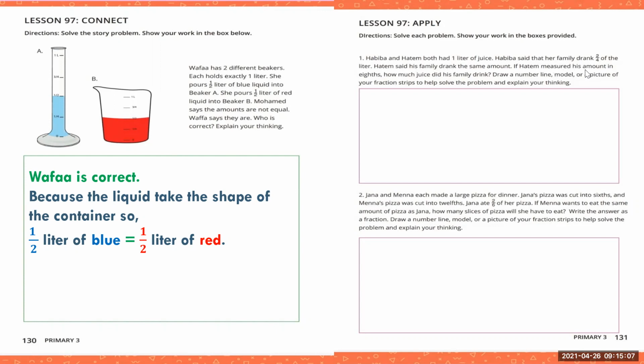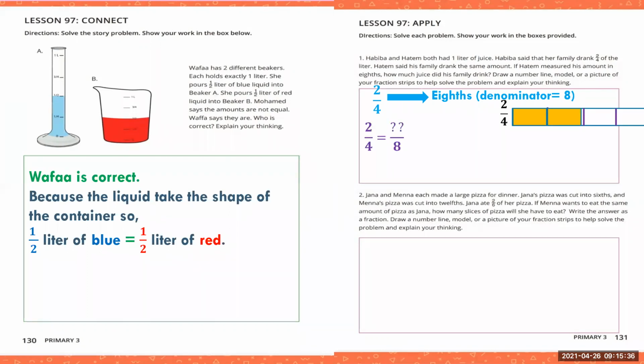Hatem said his family drank the same amount. If Hatem measured his amount in eighths, we will convert 2/4 into eighths. So the denominator will be 8, 8 equal parts. Habiba's family drank 2/4, so I will divide it into 4 equal parts and color 2. They are 2/4.